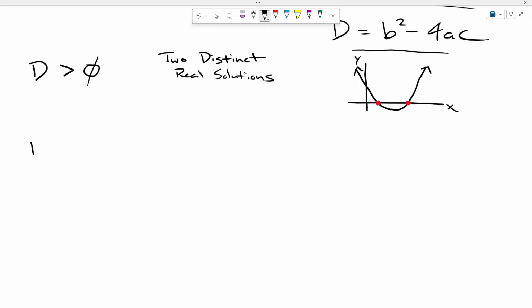Now, if D, the discriminant, is equal to 0, like we saw in the example we just did, we had 144 minus 144 under the square root. So when the discriminant is equal to 0, as we saw, there is exactly one real solution.